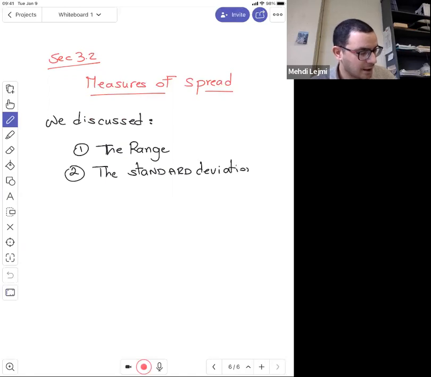What you need to keep in mind is that the standard deviation is just the average of the distance between your data and the mean, which is the expected value of your data values. The problem with the standard deviation is that it depends on the units.